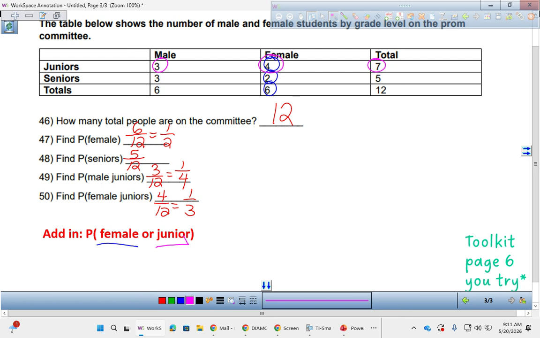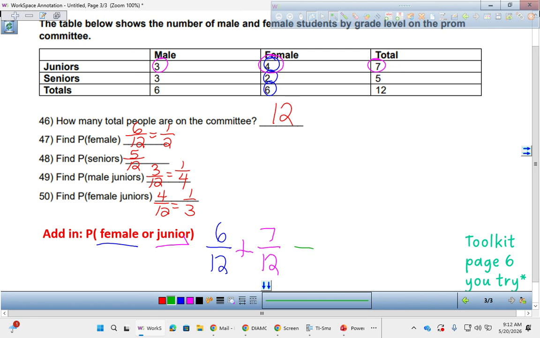So I'm going to take the probability of female. Female would be 6 out of 12. Plus the probability of the juniors. There are 7 out of 12 juniors. And if I were to just stop right there, I'd get 13 out of 12, which makes no sense. So I have to subtract something.